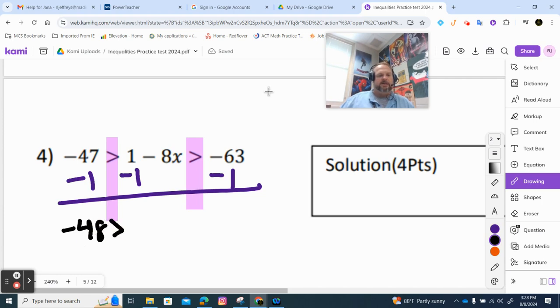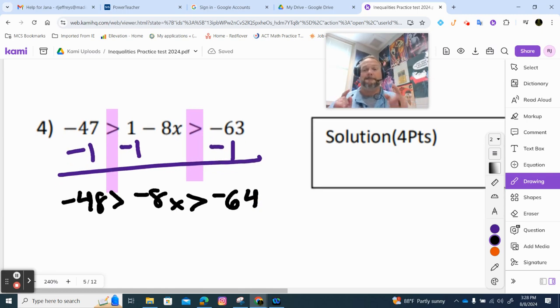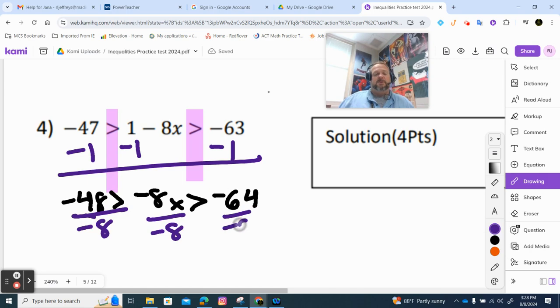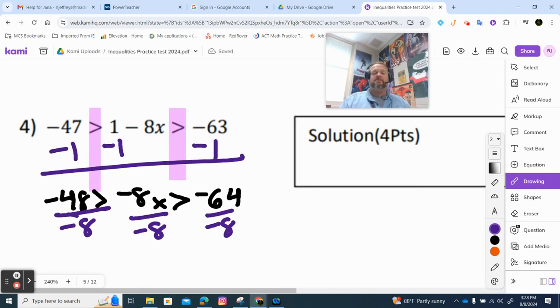Negative. Ooh, I wonder. I bet there was a rule that we went over on Monday. Oh, I could go and find it in the notes. That says if we multiply or divide by a negative, we're going to flip that sign. And I'm fixing to do that. Better put on your helmet. I'm about to blow your mind.